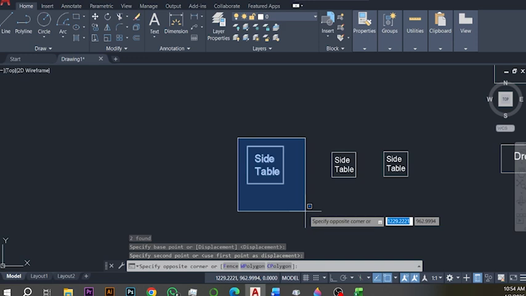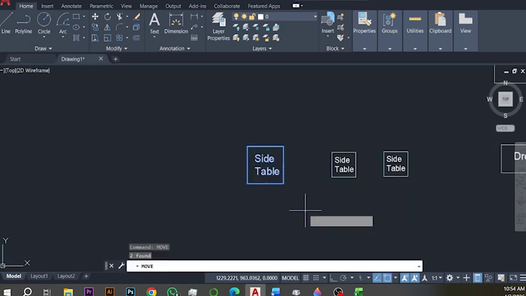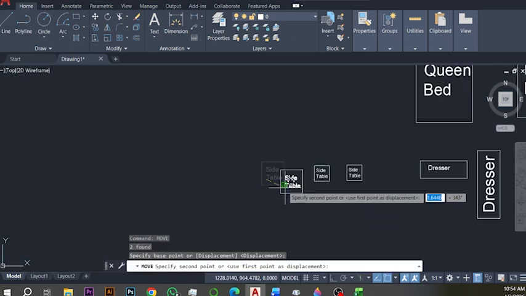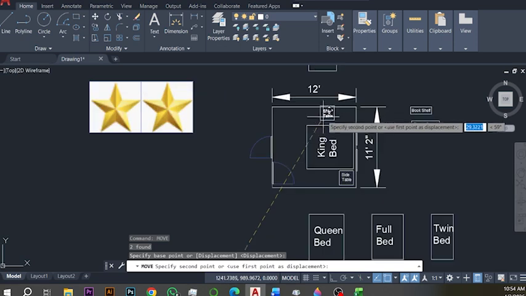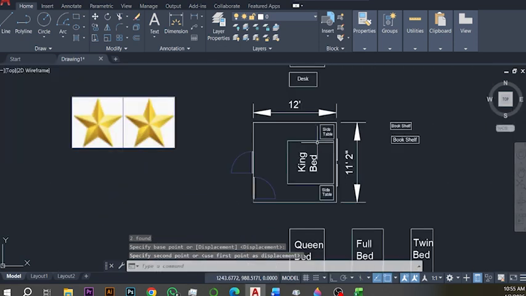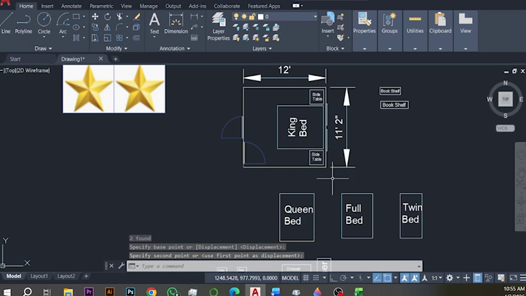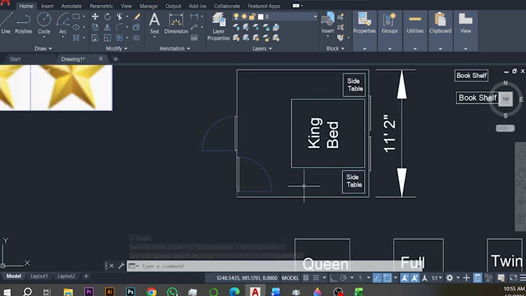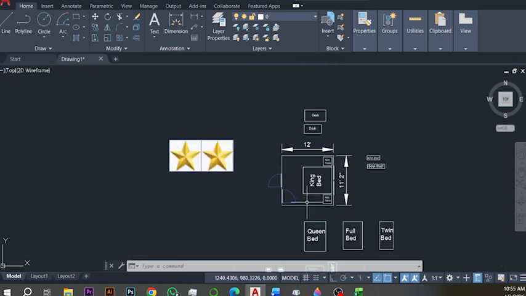Let's see the other one. So I can definitely use the larger nightstand versus the smaller one. And it looks like I'll be able to fit a king-size bed inside this room.